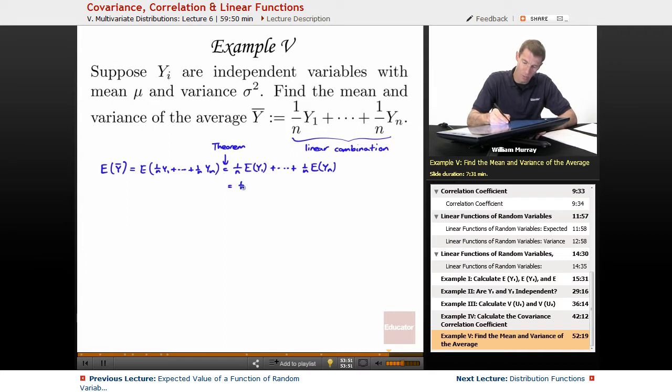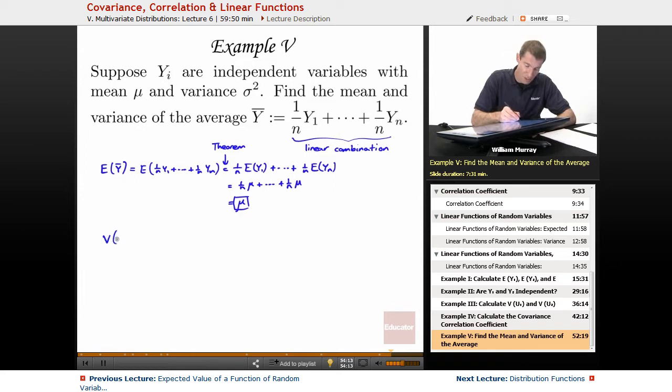And so that's 1 over n times mu up to 1 over n times mu. They all have the same mean, mu. And so if you add up n copies of 1 over n times mu, you just get a single copy of mu there. So that's my expected value of the average.